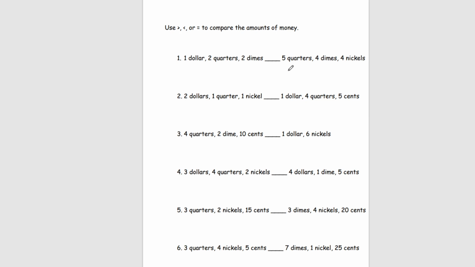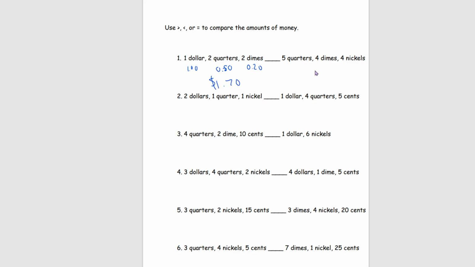For this page, we're using greater than, less than, or equal to compare the amounts of money. For number one, we see we have $1, 2 quarters, and 2 dimes. So that's $1, 2 quarters, which is 50, and 2 dimes is 20. We add these up and we get $1.70.